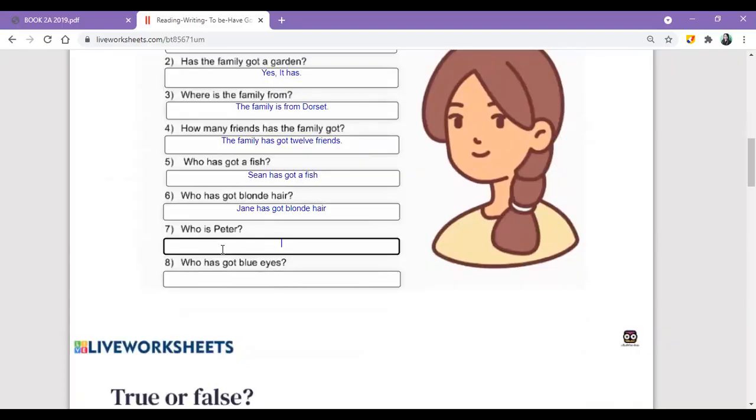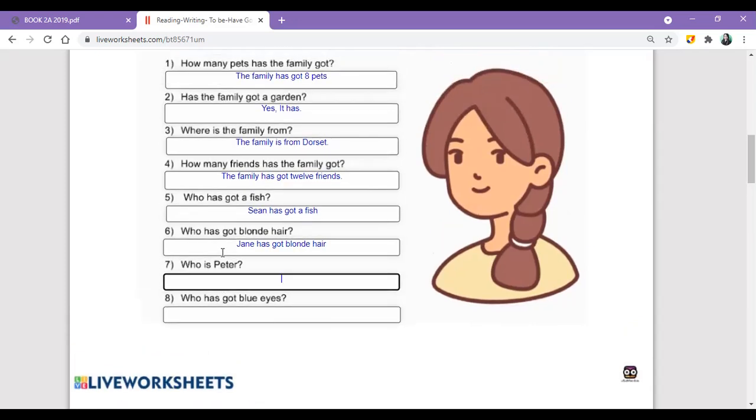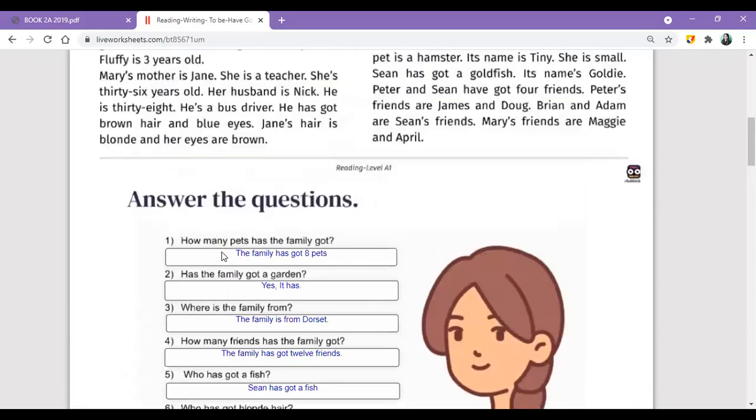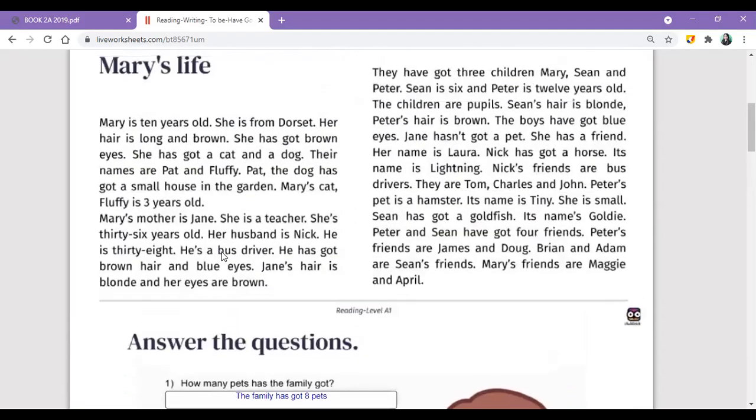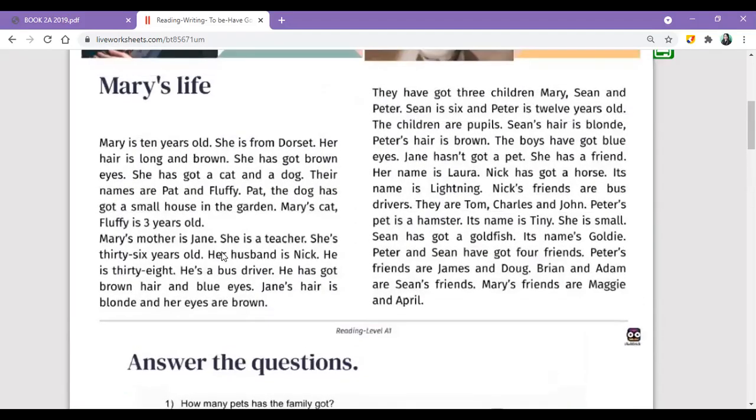Peter is the son. Okay, Peter is the son of Mary.